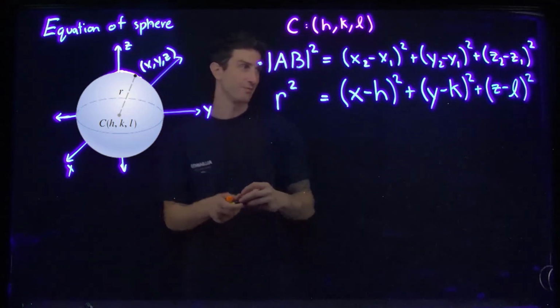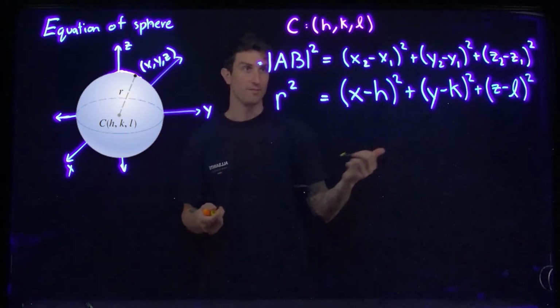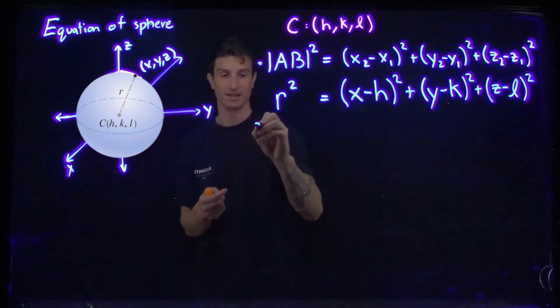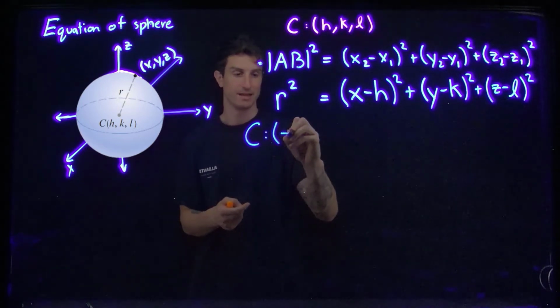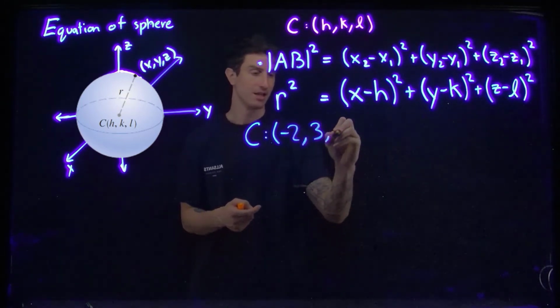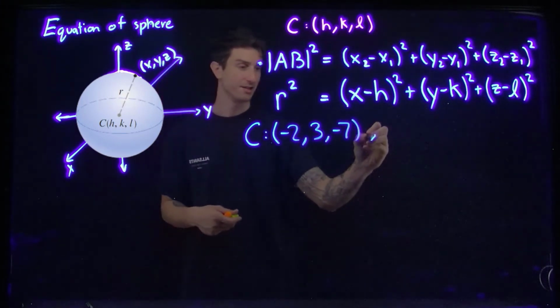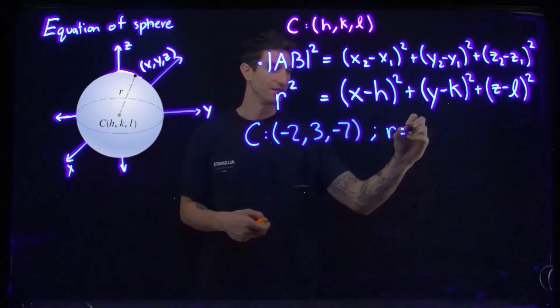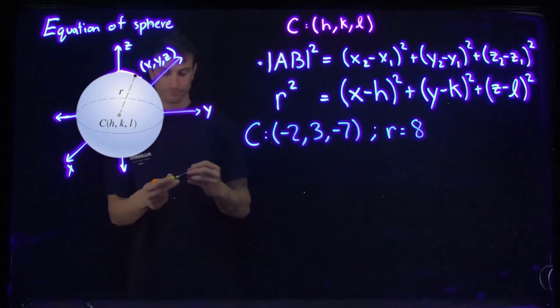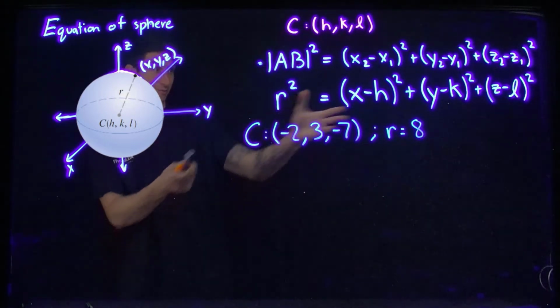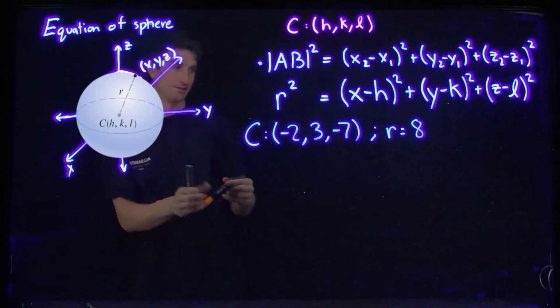So I'll do a quick example since this didn't go very long. You can imagine if I gave you some center, so let's say the center is -2, 3, -7, and we have a radius of, let's say, 8. Based off this information, it's just substituting in things, right?